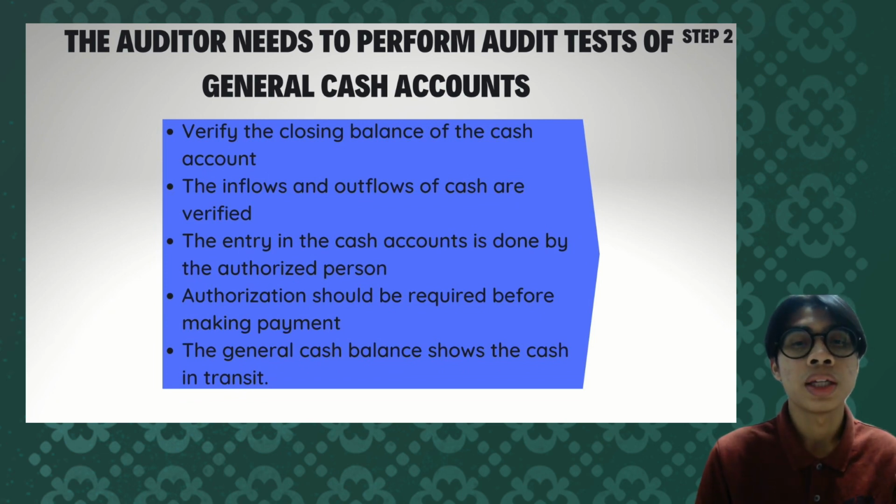Next, the entry in the cash account is made by an authorized person of the organization. Next, authorization should be required before making payment of a big amount. Last but not least, the general cash balance shows the cash in transit.